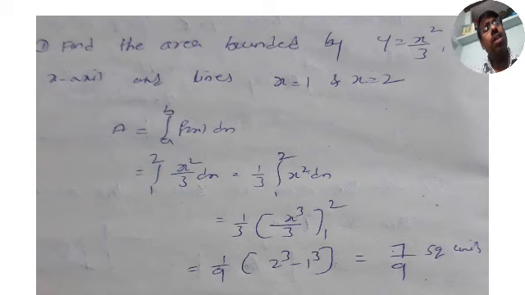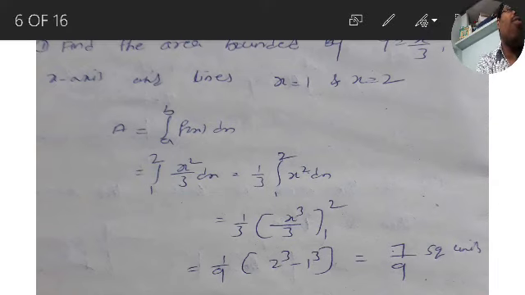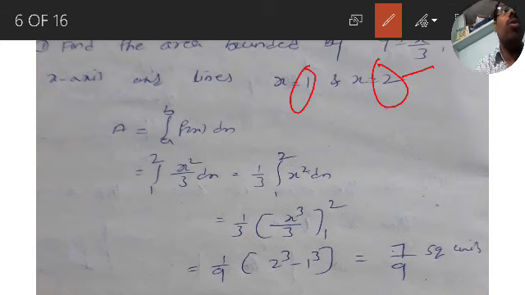So you see, formula 1 suits you. So you have to use formula 1, that is area A is equal to integration a to b f of x dx. What is f of x? Here f of x is x squared by 3, and a is equal to 1, b is equal to 2.